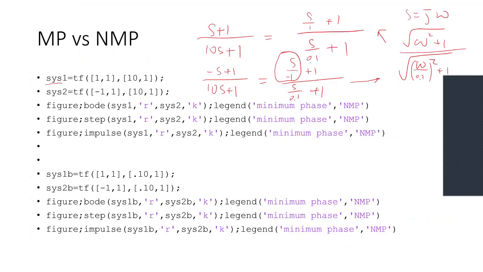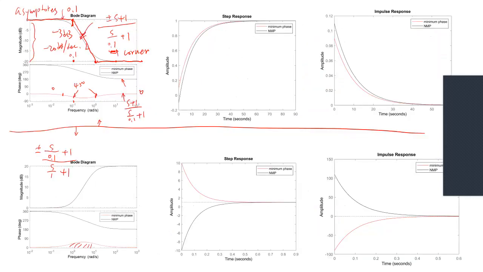So this one will be 0.1 and 1, and this is a 10, remember? This is a 0.1. By doing that, you see the phase is also way up in here because of the sign. So that's why it's called non-minimum.